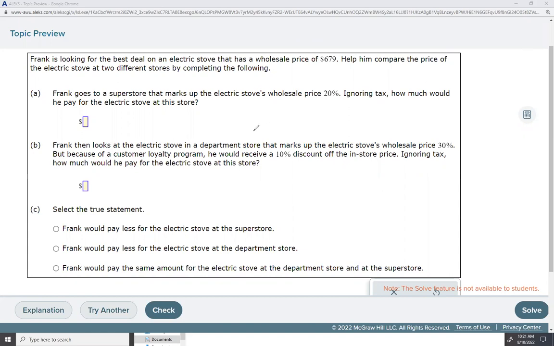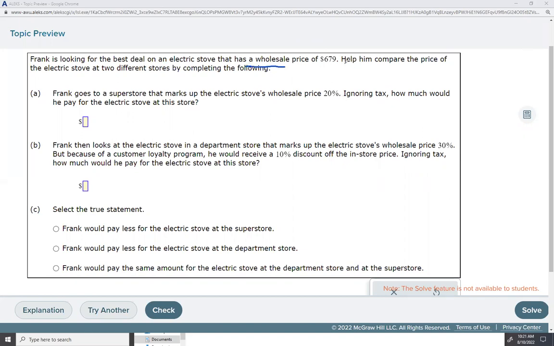Frank is looking for the best deal on an electric stove that has a wholesale price of $679. That's what the distributor is selling it to Home Depot for, or wherever you get your stuff. Help him compare the price of the electric stove at two different stores by completing the following.